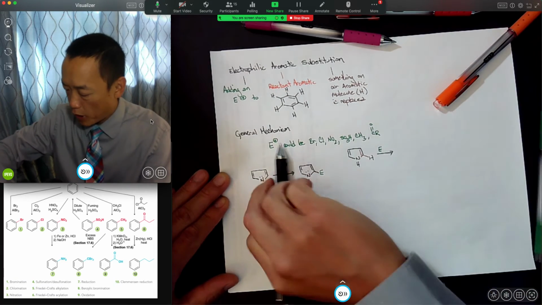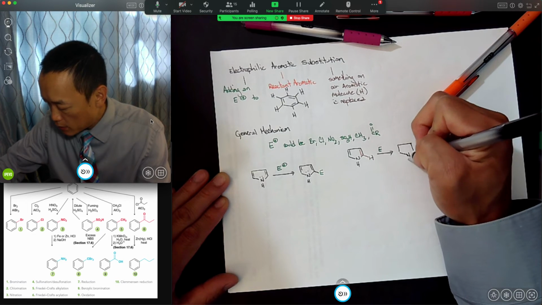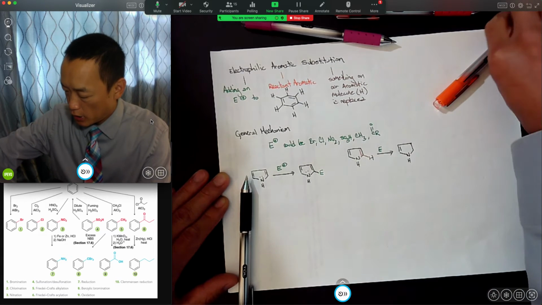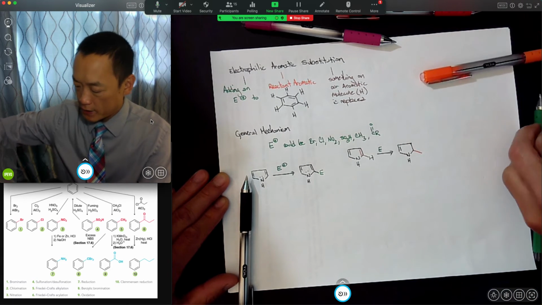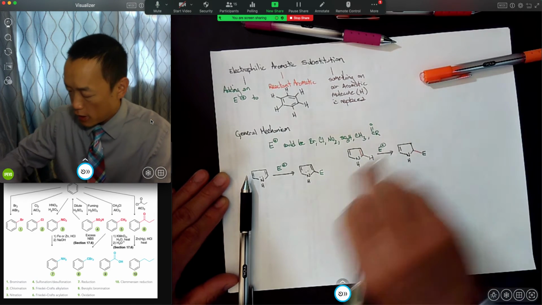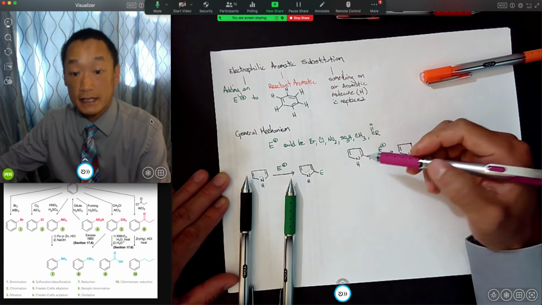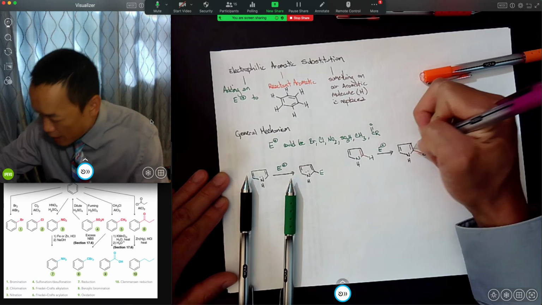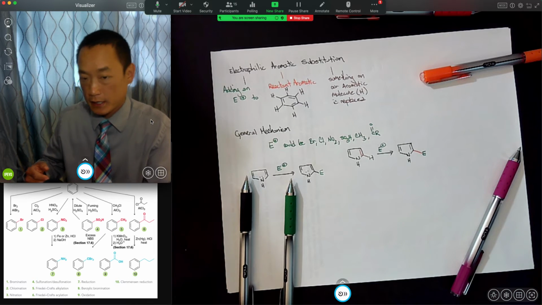In the end product, we would expect the bonds formed to be using this double bond to form the new bond to our electrophile. And then, believe it or not, when we lose this proton in the last step of the reaction mechanism, the double bond is actually going to come from that carbon-hydrogen bond in the end.